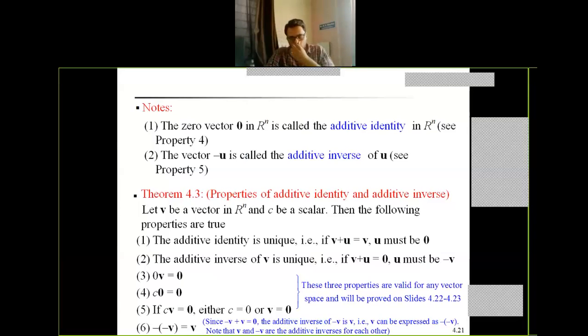How to define minus u, we have already seen while explaining the scalar multiplication. The term scalar is there because it is scaling your original vector, that's why we call that operation scalar multiplication.